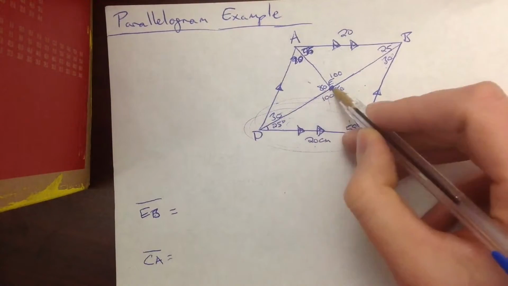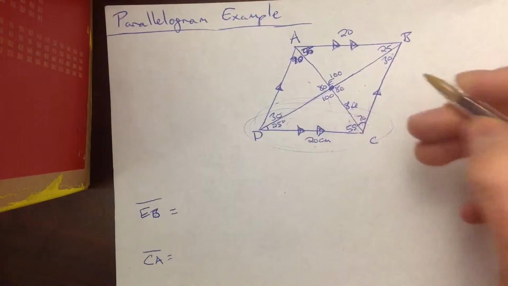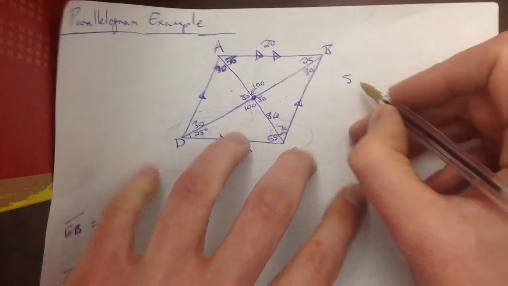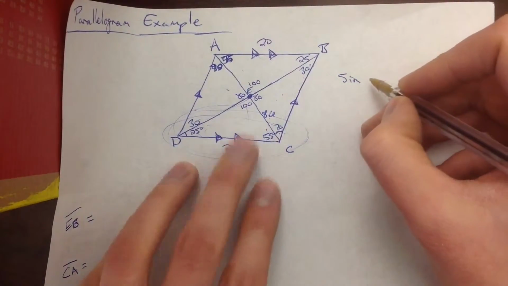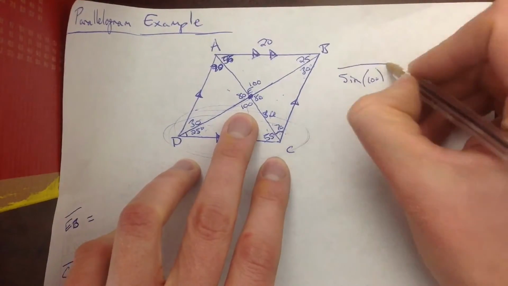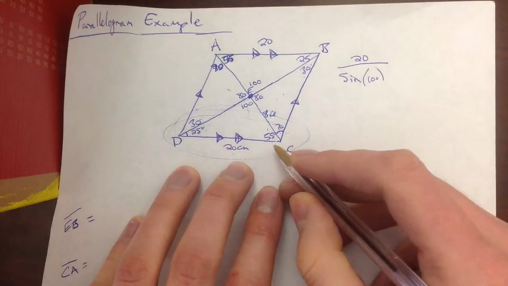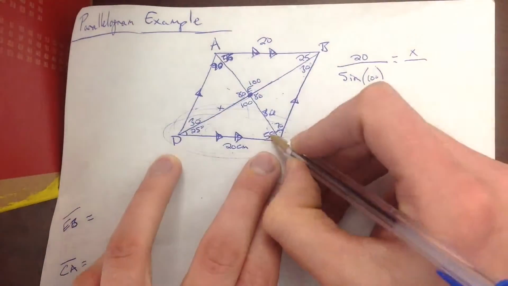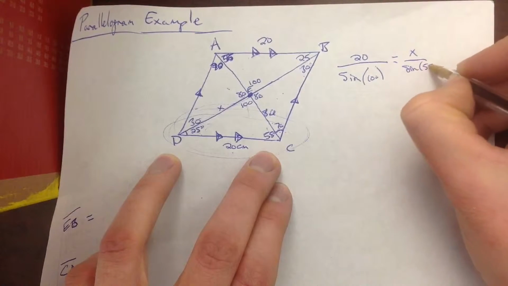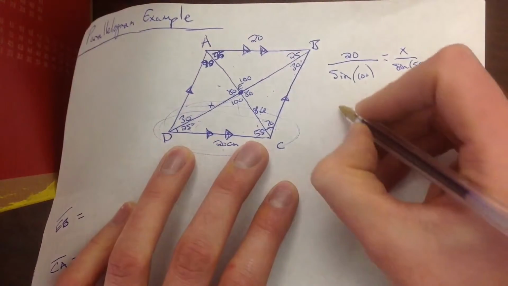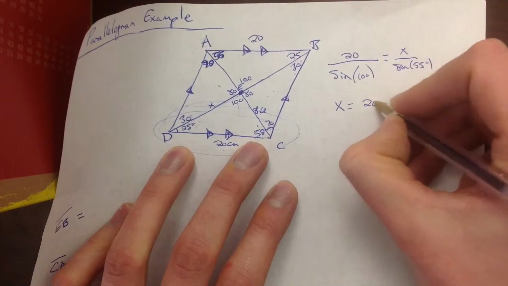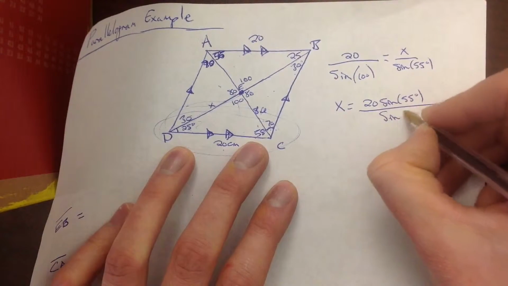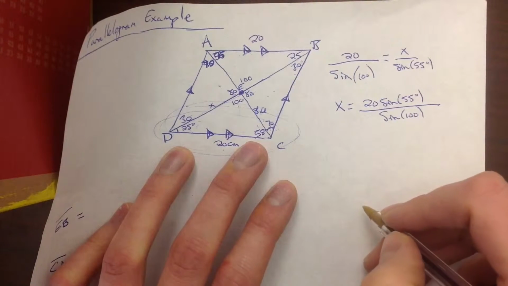To find this side, if this is 8.6, then we can say the sine of 100, with the opposite side on top, is equal to the side we're interested in over the sine of 55. Solving for x, x equals 20 sine of 55 divided by sine of 100.